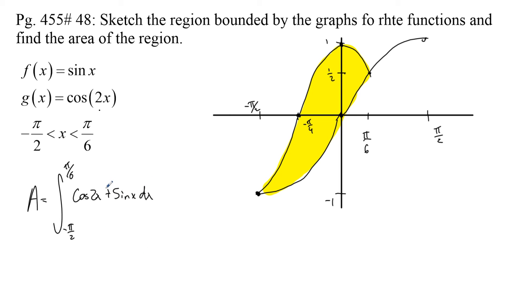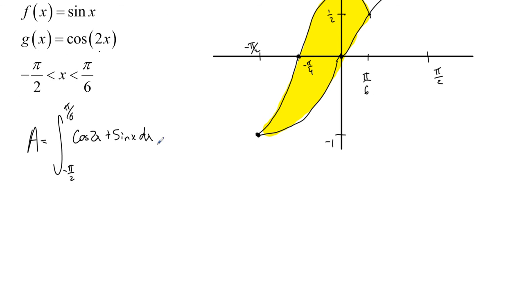Now, since it's a sum, one of the properties of integrals is that I can integrate both of them separately. So I'm going to go the integral from negative pi over 2 to pi over 6 of cosine 2x dx, and then plus the integral from negative pi over 2 to pi over 6 of sine x dx, and that should be a dot over there.